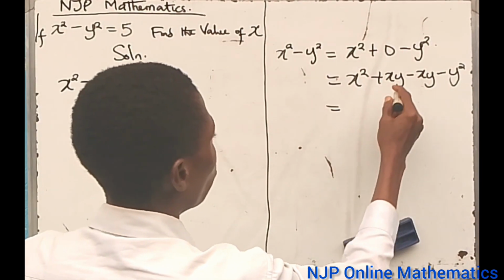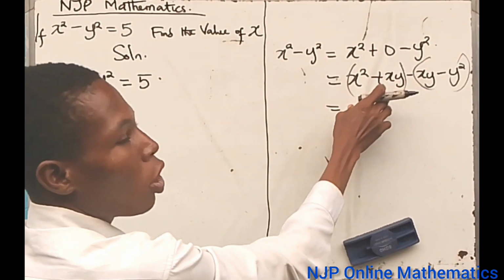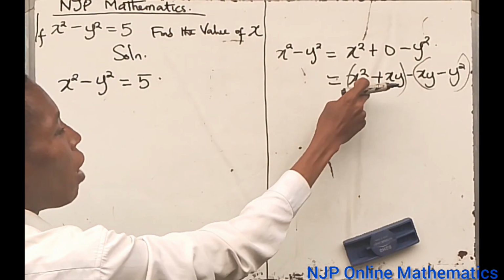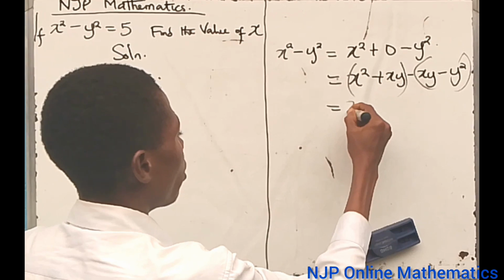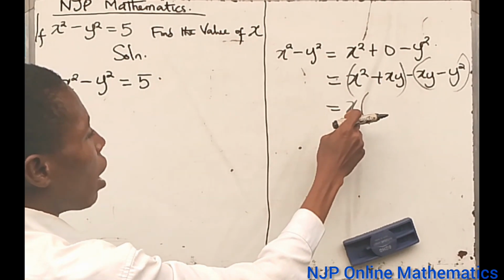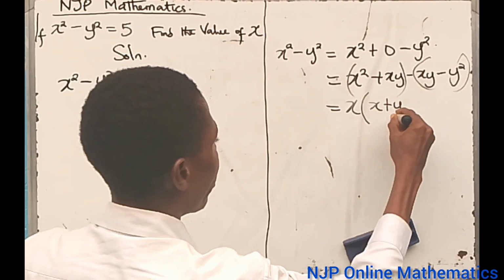So we group them. If we group them, we take the common factor in each of the brackets. The common factor in this first bracket here is x. We bring out the x, which is the common factor, and what remains is x plus y.